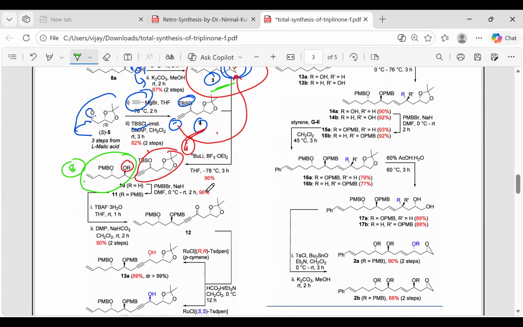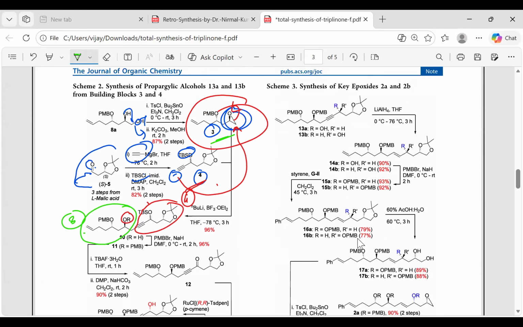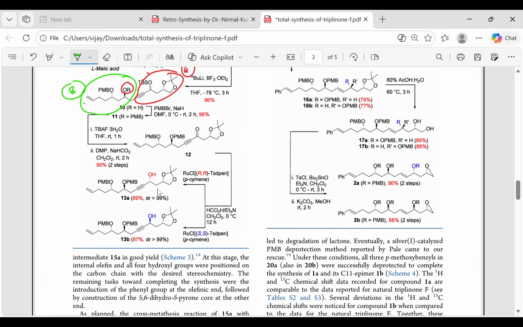Then next also, these are simple, small steps they have done. Some involve complicated reaction mechanisms, some are very simple. Finally, you can see how many steps are required to get the enantioselective synthesis of this final molecule. So this is still an intermediate actually.